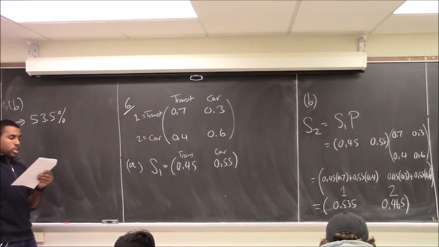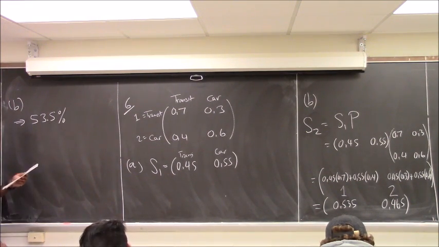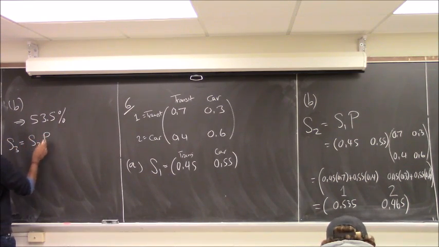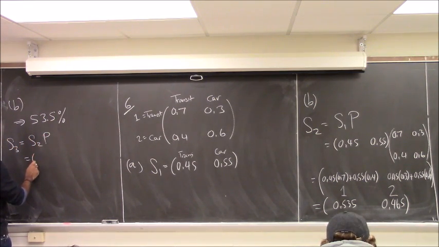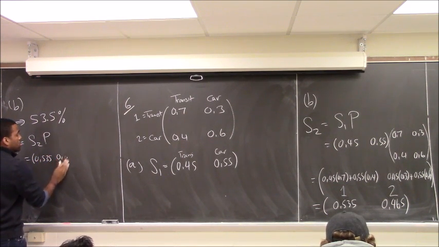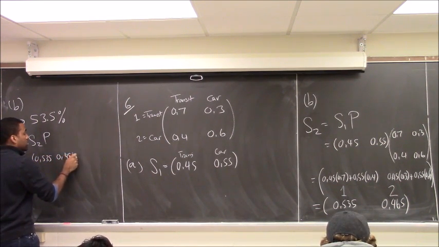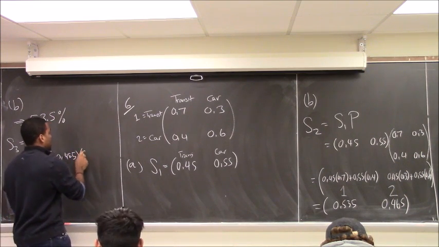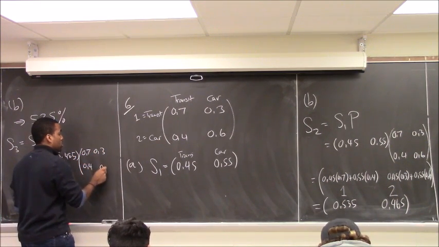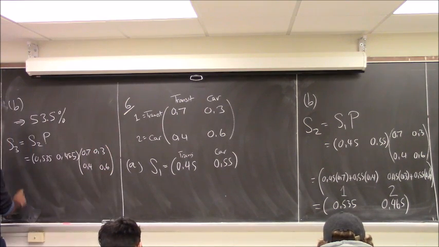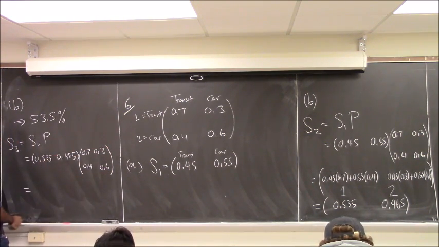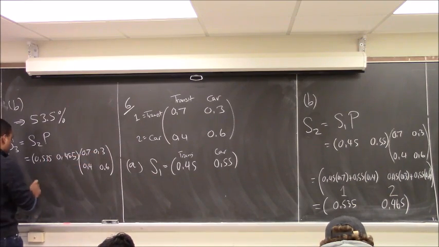What about after 2 months? 56.05%. So you would find S3, which is going to be S2 times P, which is 0.535, 0.465 times 0.7, 0.3, 0.4, 0.6. And so it's this row times column, and then row times column.